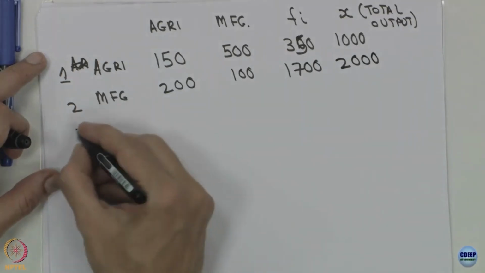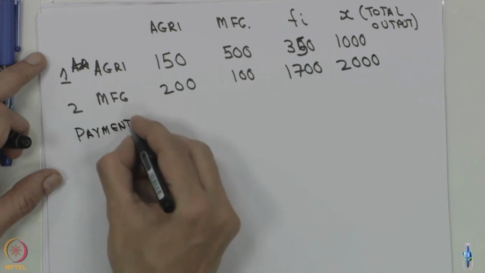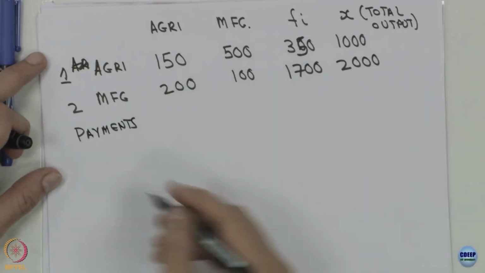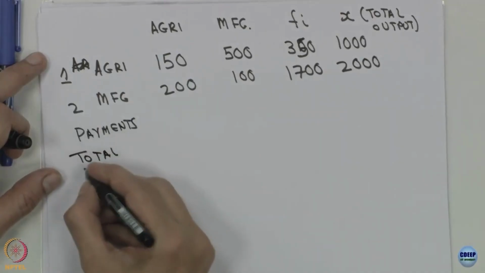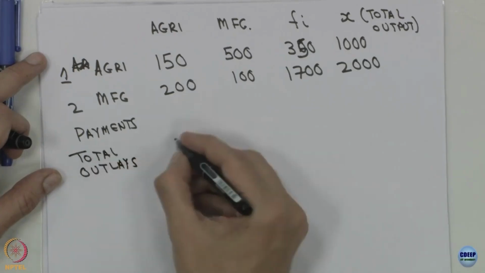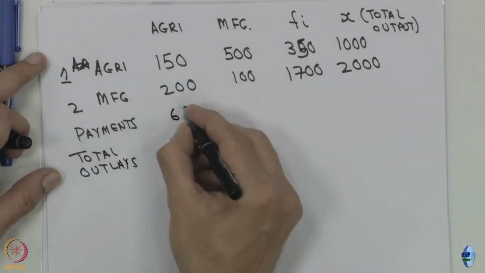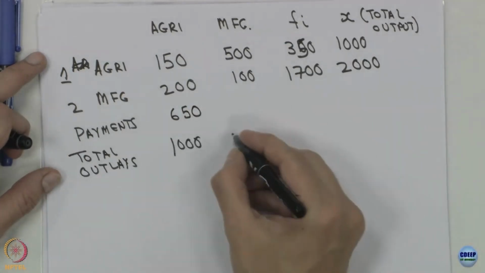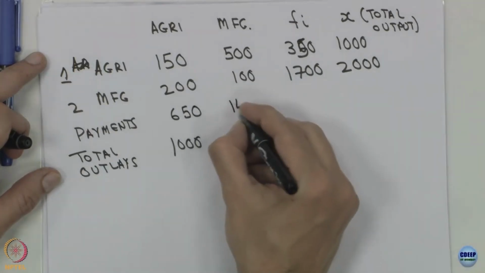And then there is this payment sector, as we said: wages, taxes, profits, whatever else we are looking at. So remember this has to balance out. The total outlays, the Xi's, must balance out. So this must be equal to 1000, which will mean that this is 650, and this will be equal to 2000, and this will be 1400.